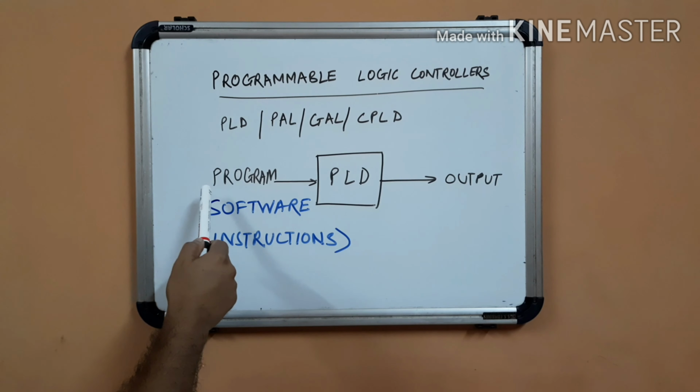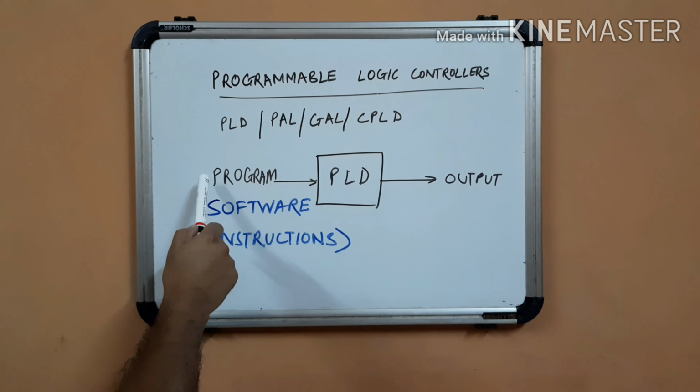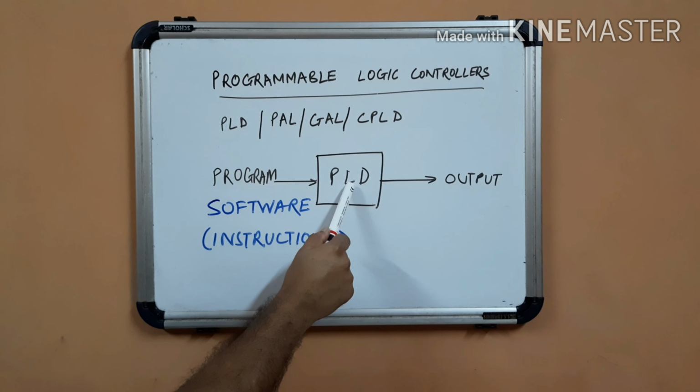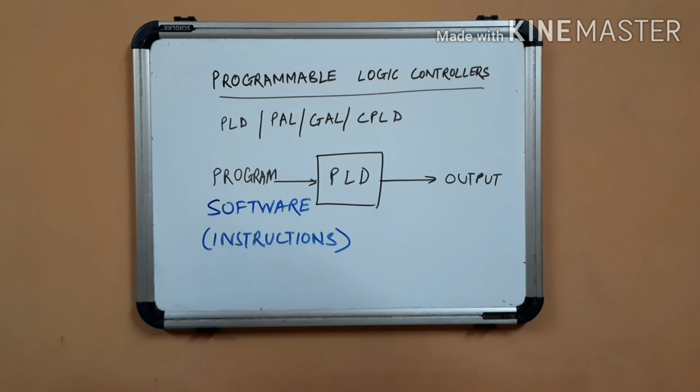Now the concept was changed. We had a program which could program the PLD and the output would come directly from the PLD itself. So there was a concept of software where instructions were given.